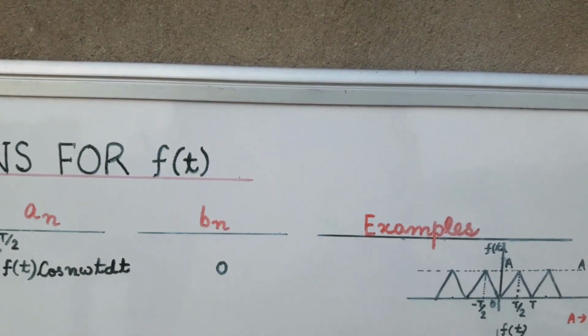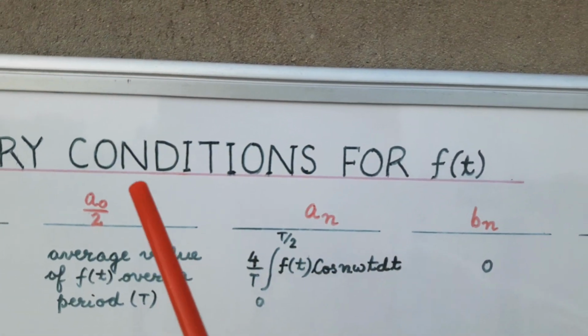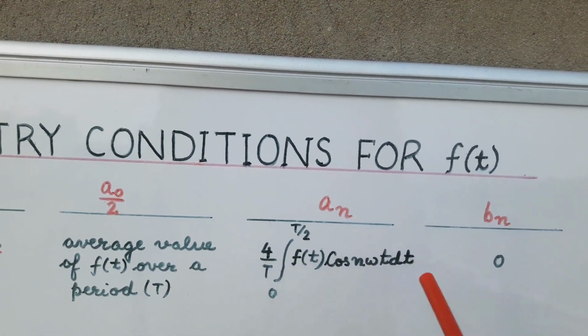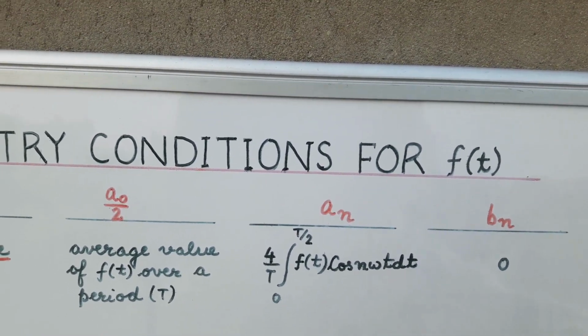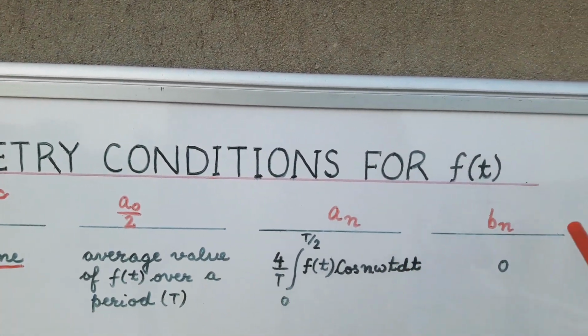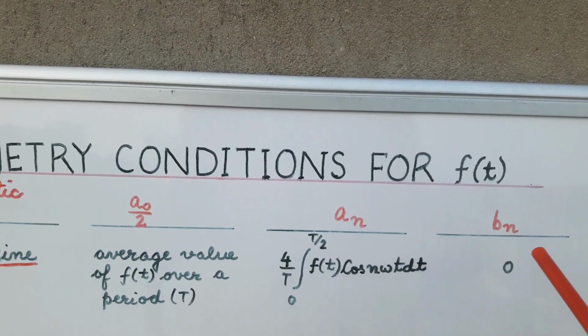So, we will substitute bn equal to 0 and we will find a0 by 2 and an using these two formulas, and by substituting the values of these Fourier coefficients, we can find out the Fourier series directly.